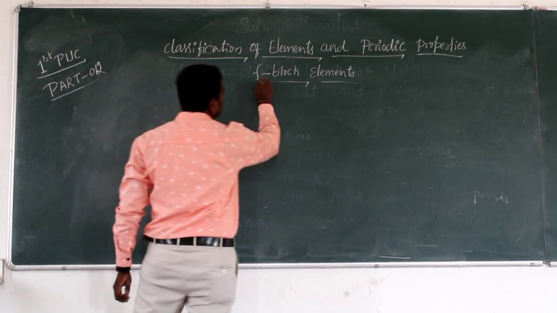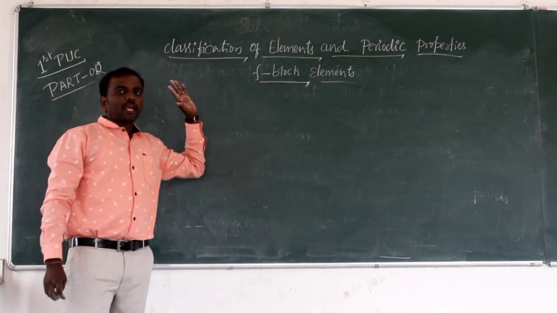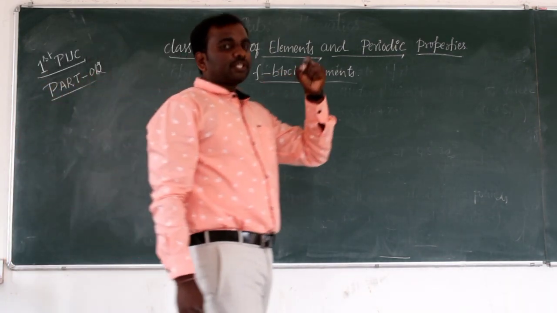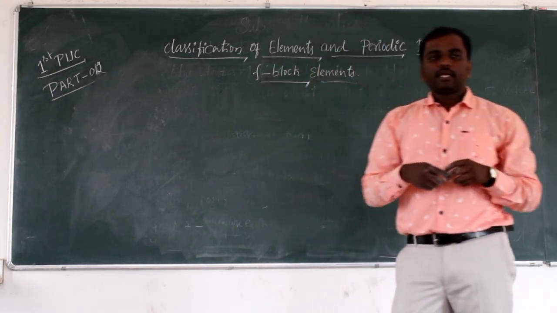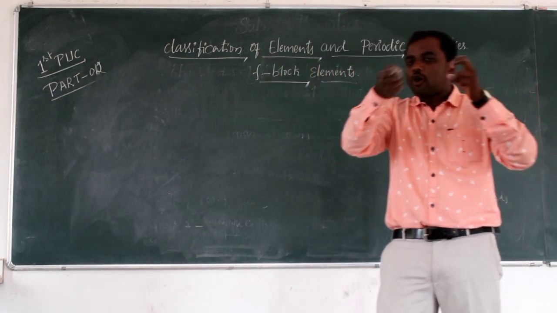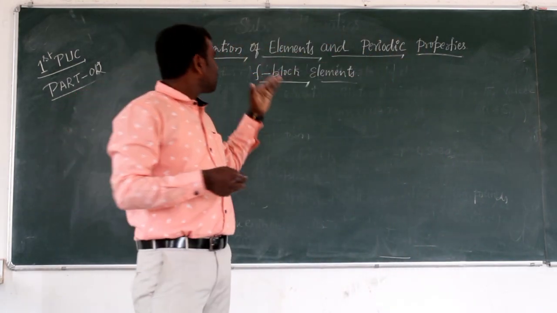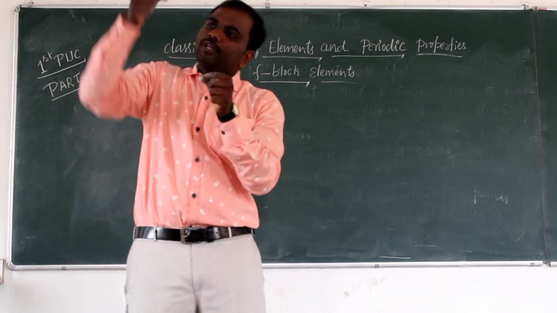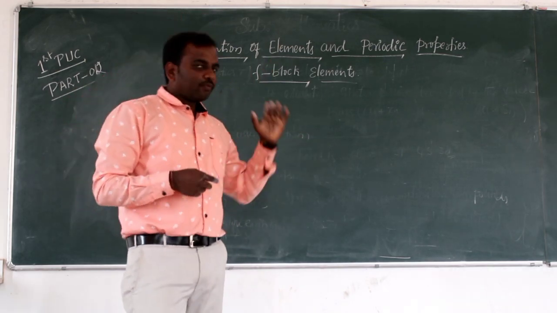F block elements means the differentiating electron enters into the f orbital of the valence shell. That is called F block elements.